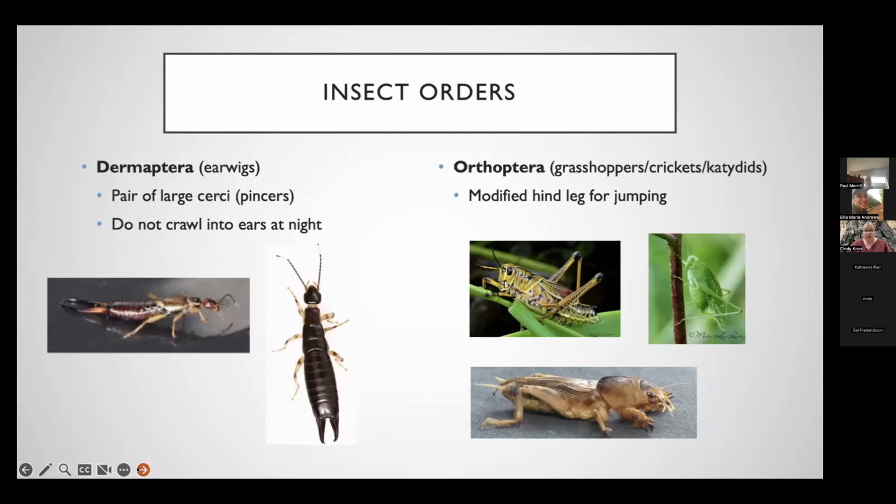Dermaptera, which are your earwigs, on the left-hand side, they have a pair of cerci, which are those pinchers at the very tip of the abdomen. Sometimes they're very pronounced pinchers, sometimes they're very short and stubby. They do not crawl in your ears at night, which is an old wives' tale.